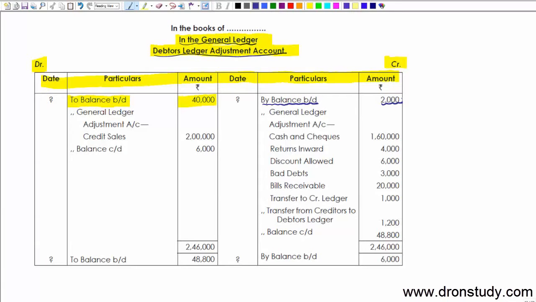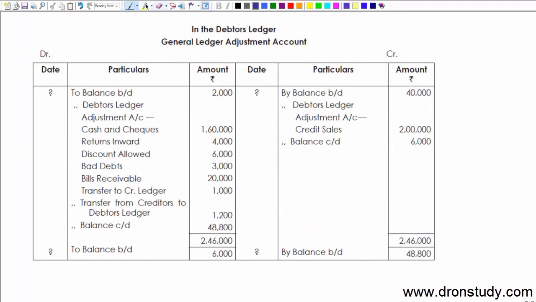Now this is only debtors ledger adjustment account in general ledger. It means we also have in debtors ledger a general ledger adjustment account, and I told you that this is opposite of debtors ledger.